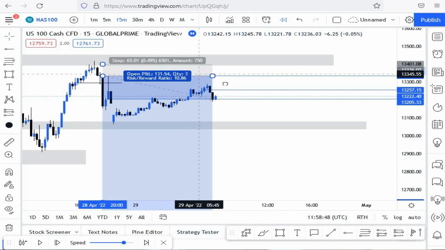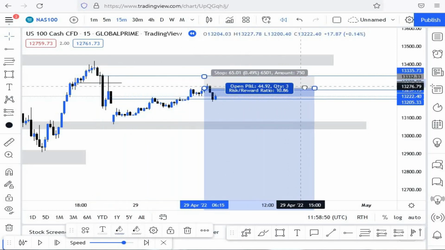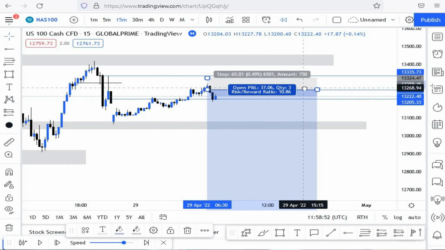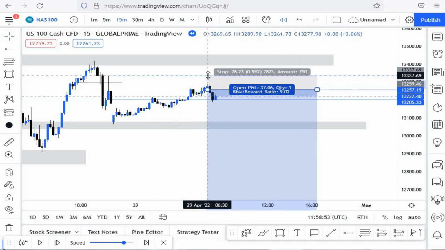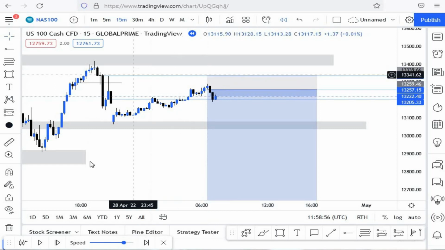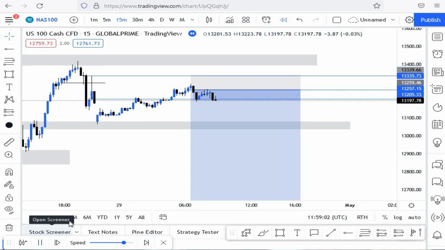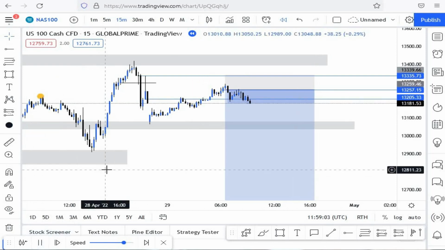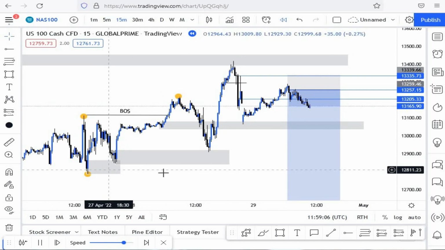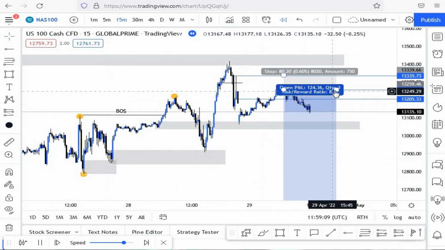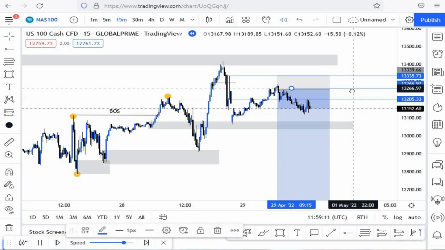So let us say your entries were going to be here and your SL above this zone area. Let's see what the price will give us. Okay, we're going to take your entries, and you can see what the price is doing.